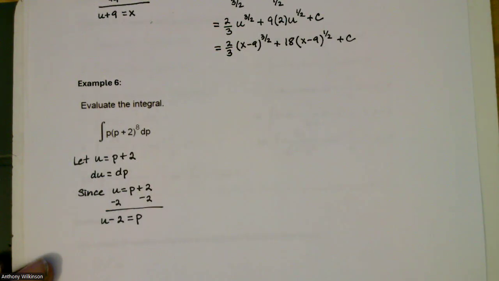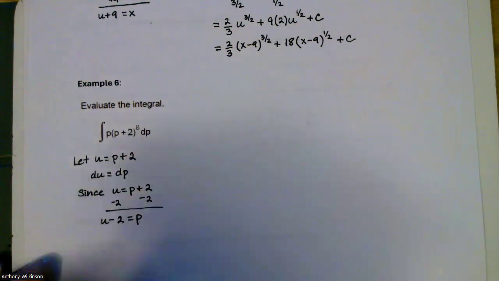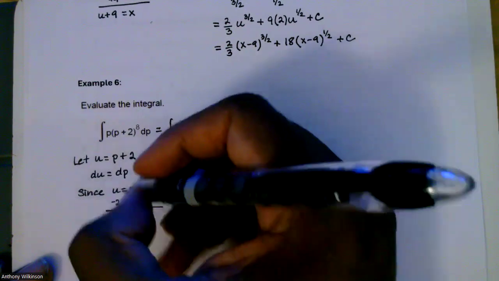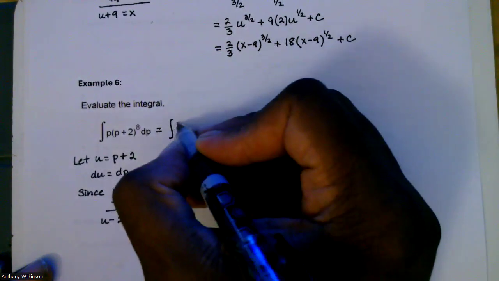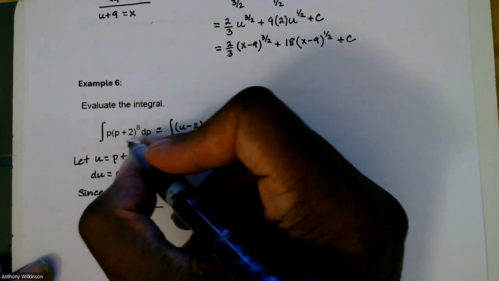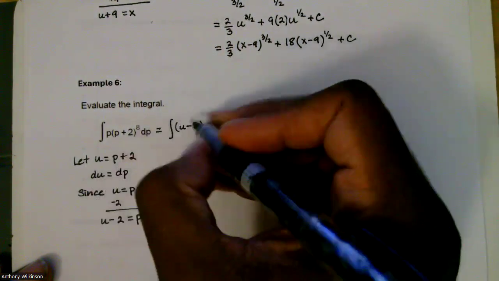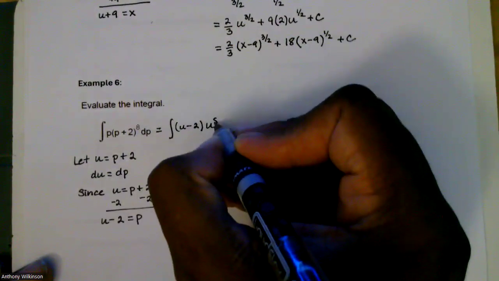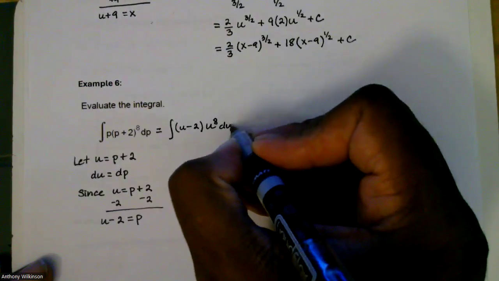Now, we can do our substitution in this integral. So here we got the integral of this p would be u minus 2 times p plus 2 would let u be p plus 2. So this will be u raised to the 8th. And then dp will be du.